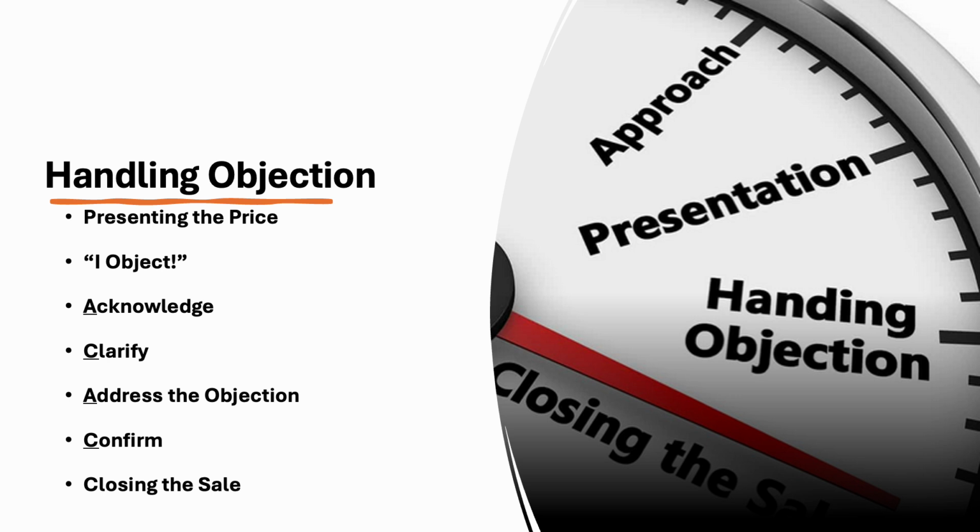So usually when you get an objection from something that you're trying to sell, pricing is one of those things that customers sometimes object to. So when you're presenting the price, you shouldn't give that lowest price first. You want to give yourself some wiggle room.